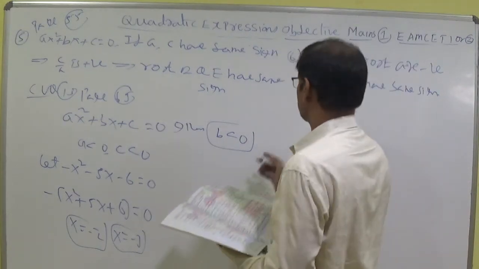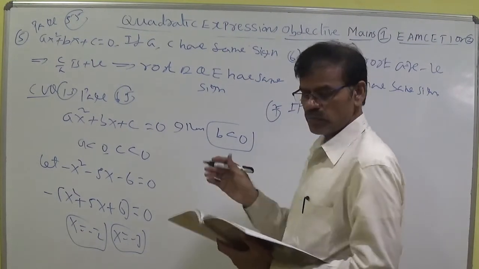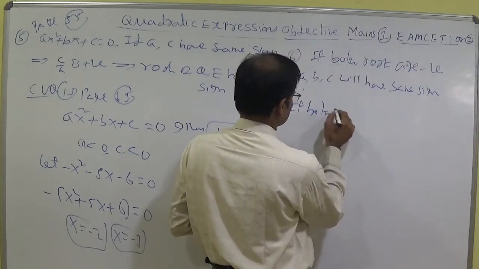Next one is there, the 7th one. If both roots are positive, then let us discuss the characteristic.